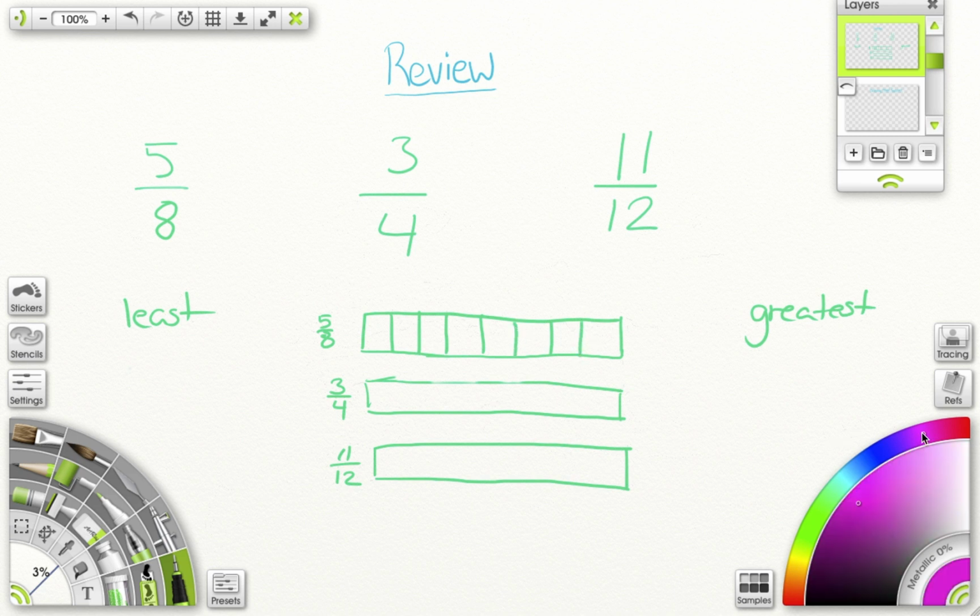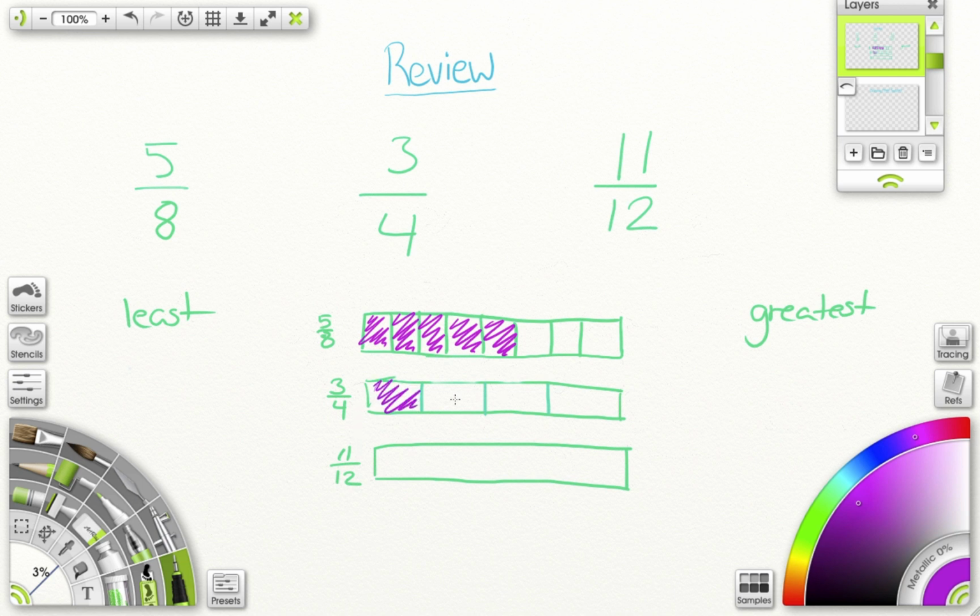And I have to color in 5 of these. So 1, 2, 3, 4, 5. Here we go. This one is 3/4, so I have to split these up into 4 equal sections. So there we go, and I color in 3 of these.